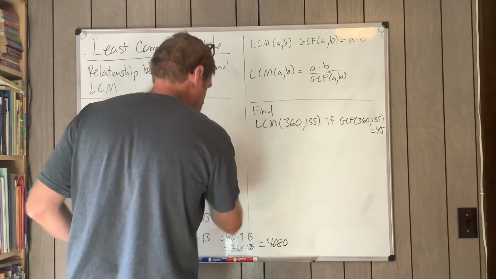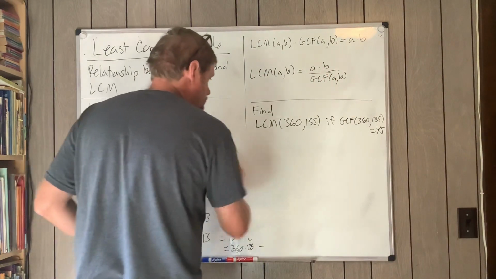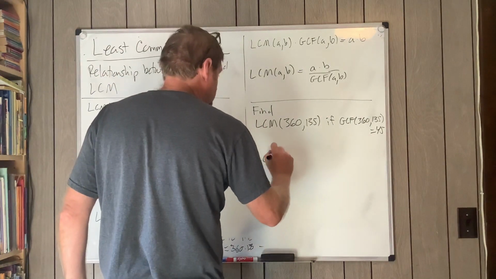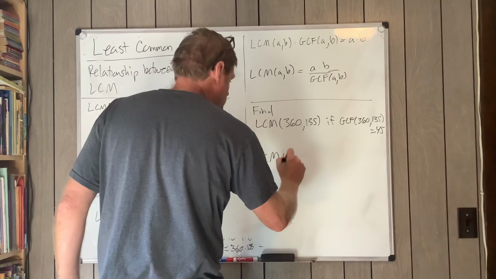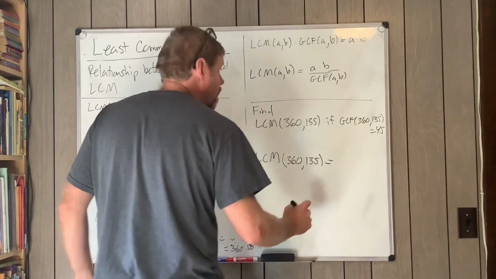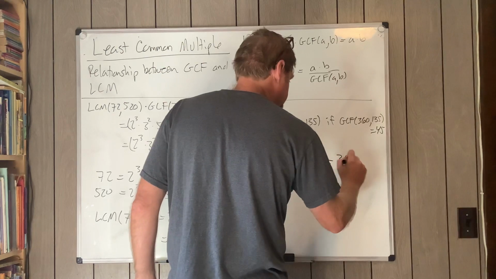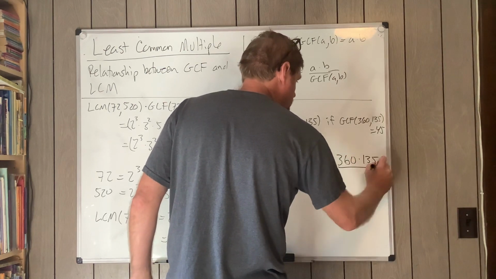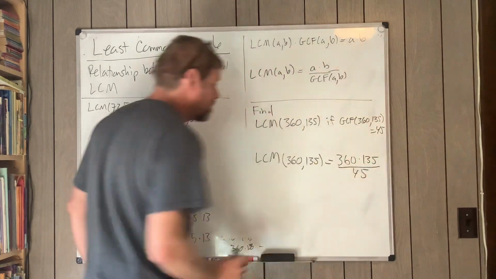Okay. So what we're going to do then is use this formula here: 360 times 135 over 45.